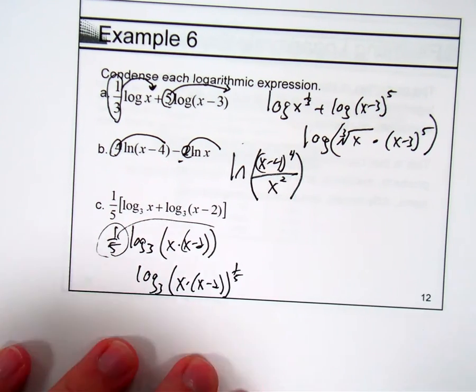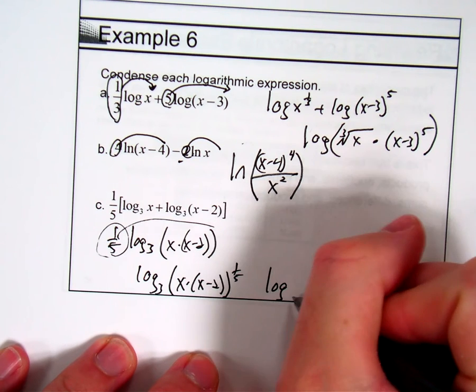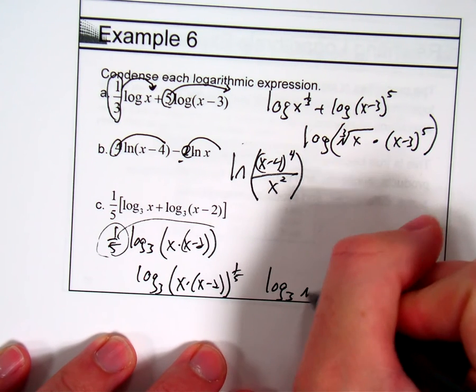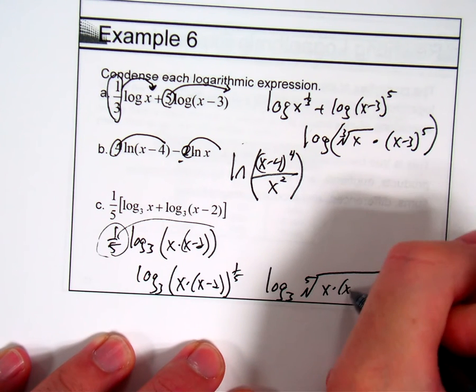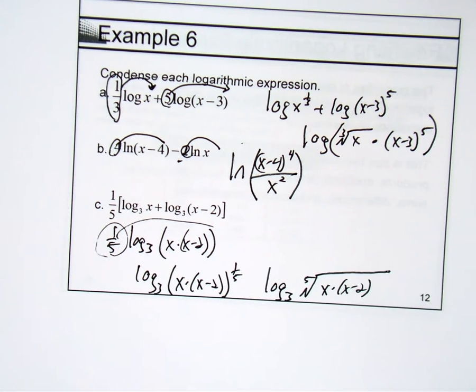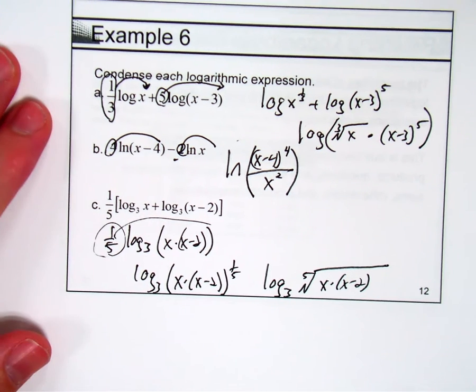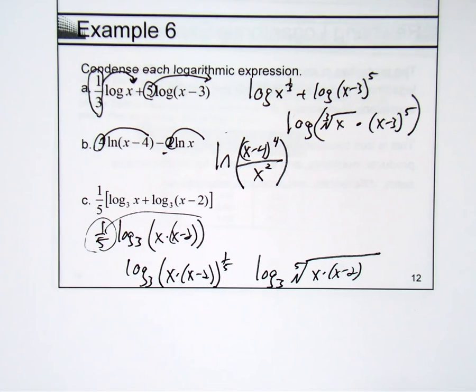Or like I said, the book will usually change that to a root at the end. So we have log base 3 of the 5th root of x times x minus 2.